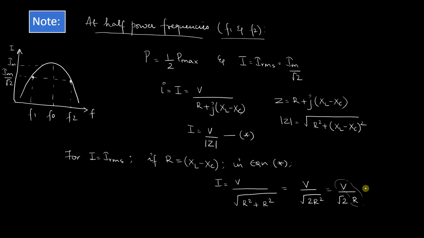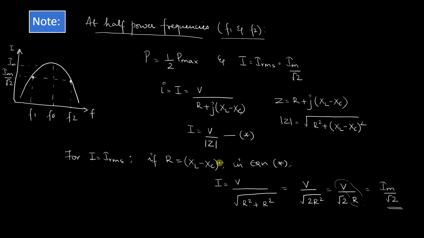Corresponding to the maximum value, this is equal to Im by root 2. So to obtain the current equal to Im by root 2, the RMS value, the condition that needs to be satisfied is that the resistance should be equal to its total reactance in the series RLC circuit. Clear?